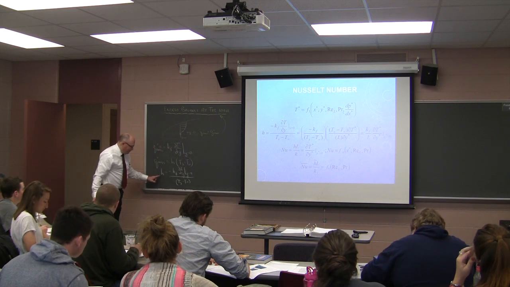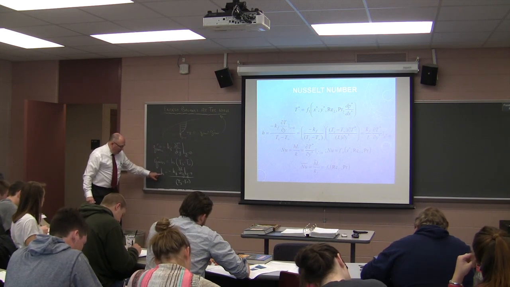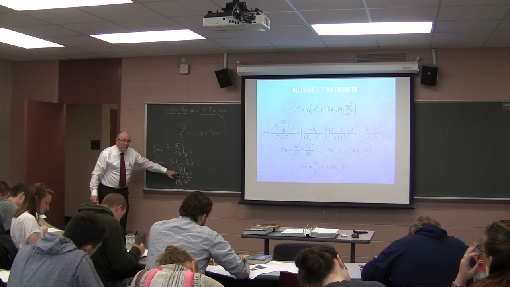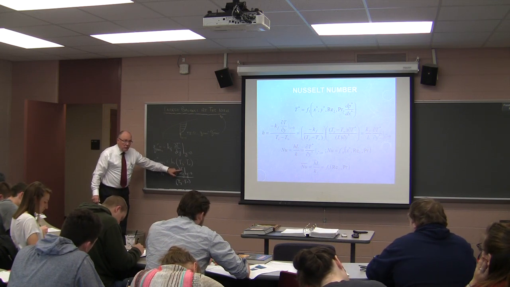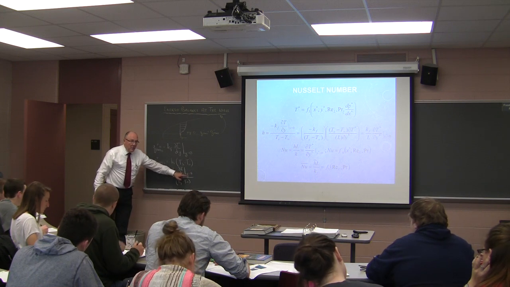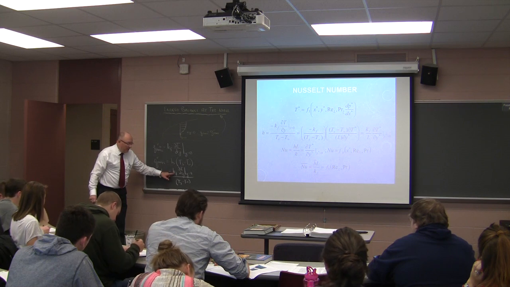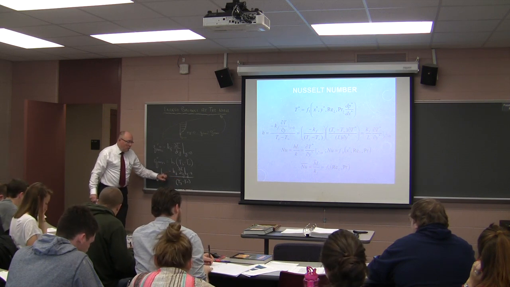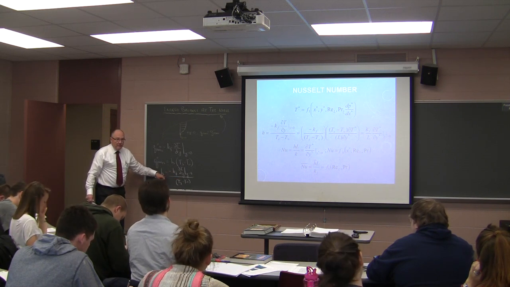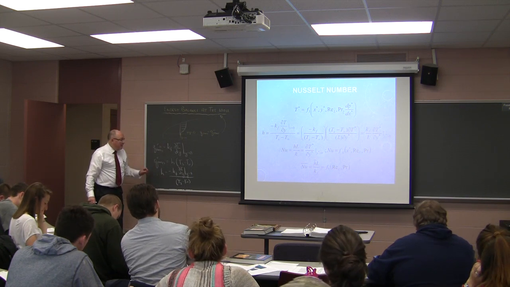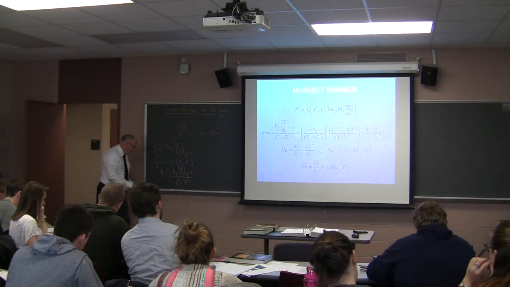So what does this tell us? It tells us if we can solve for the temperature profile, evaluated at Y equals 0, know the fluid property, conductivity, and the two temperatures, we can solve for H. That's a big deal. Okay? That's a big deal. That's the energy balance integral.